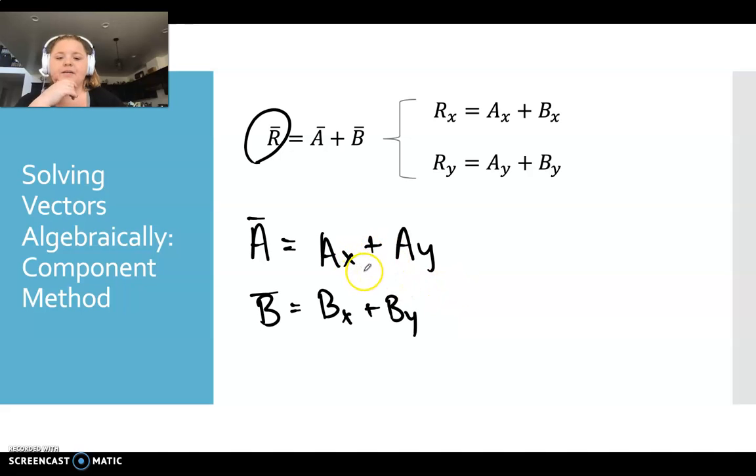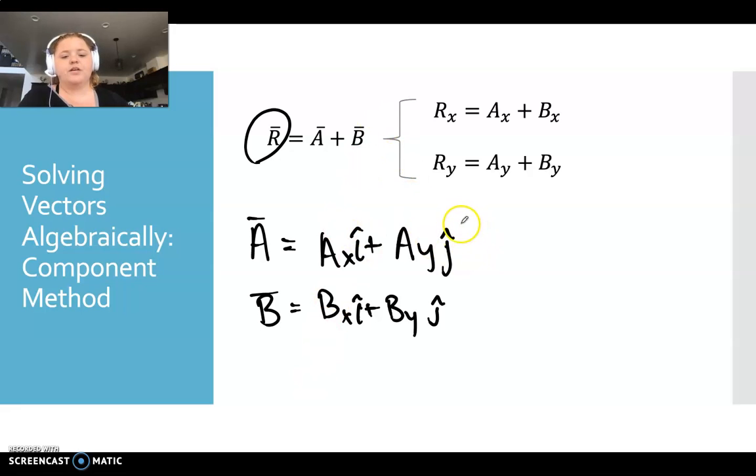and these, we typically write down our unit vectors as well next to them. So I could say this is AX times i hat plus AY times j hat. Okay, same thing here, BX i hat plus BY j hat. Okay. And so when we are adding these things, we can take each component of these vectors and put them together in two resultant vectors. Okay, so this is called the component method.